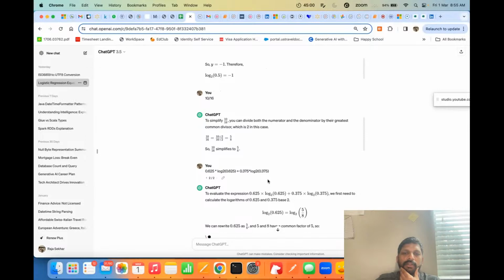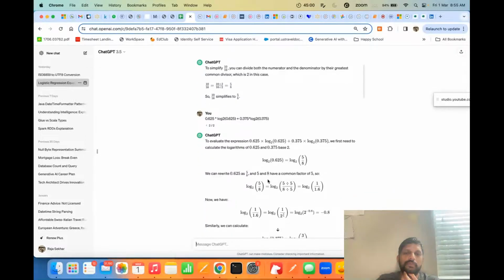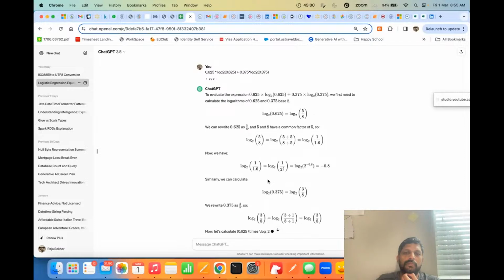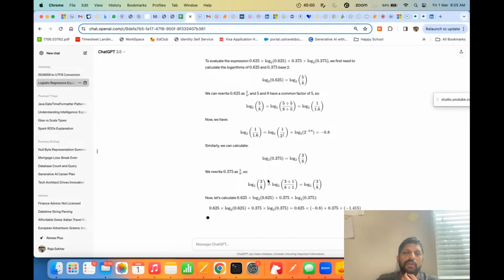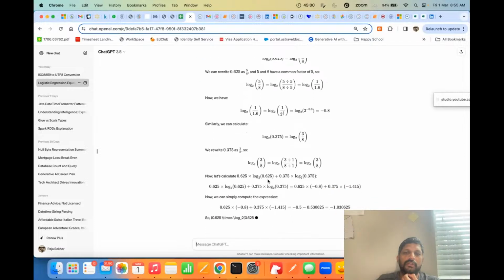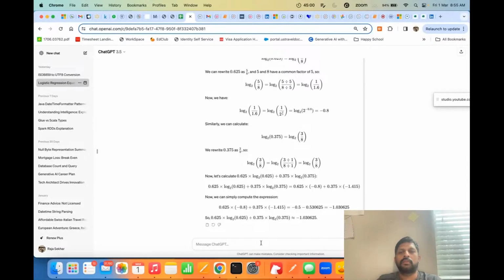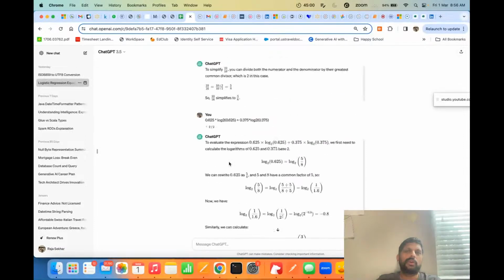The result comes out as minus 1.03. That should not be the case, because the entropy is supposed to come down, right?